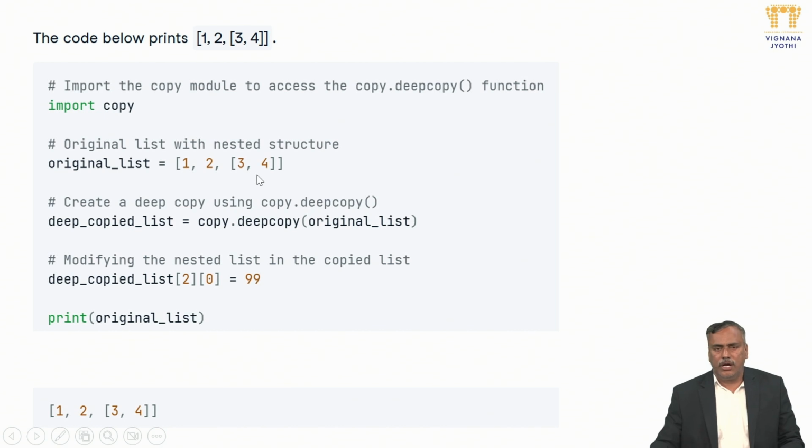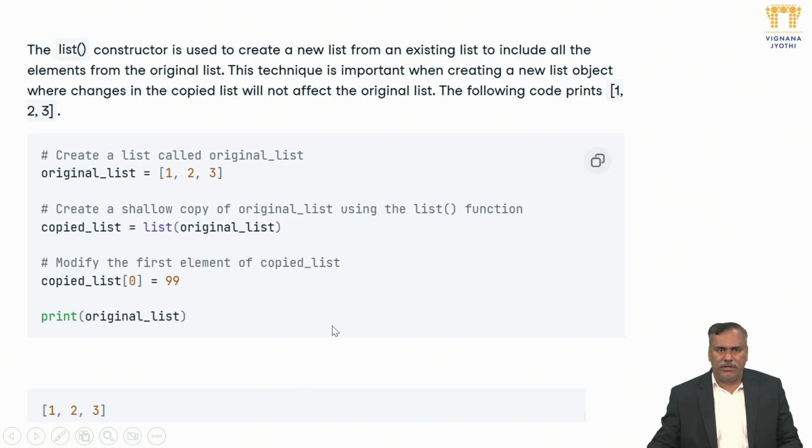Right now you have the same value, that is 3, but after execution of this statement you are making a change only in this duplicate list. Because we have used deep copy, the change is there only in the duplicate copy, but not in the original list. That is the reason you still get 3 here. I think you understood it clearly.